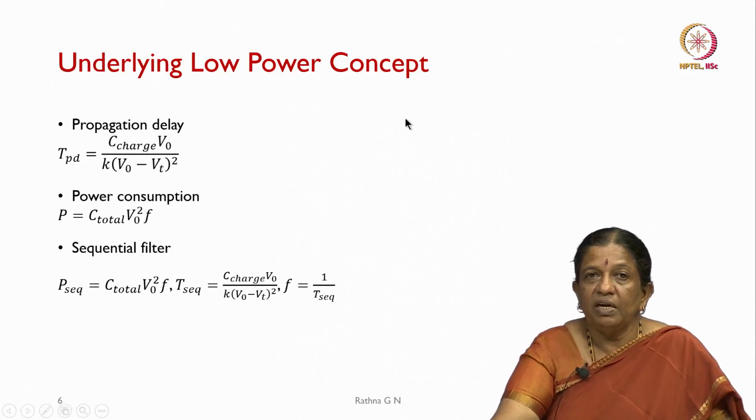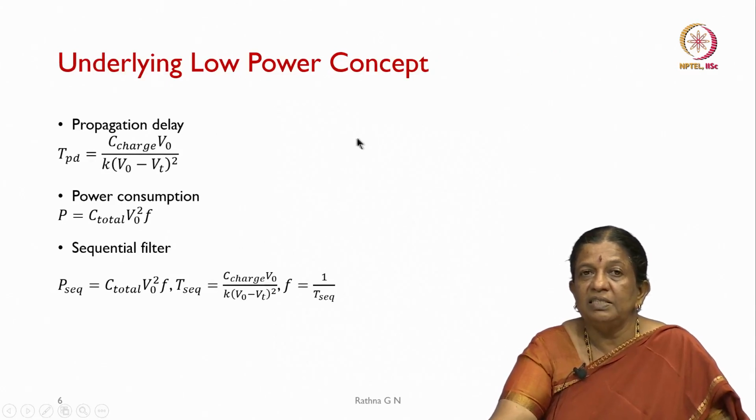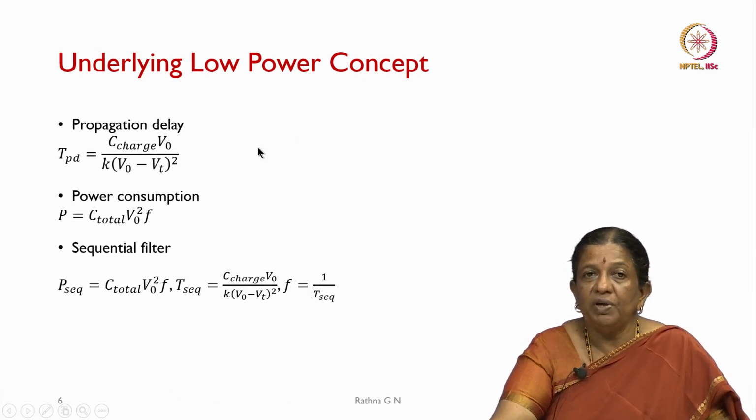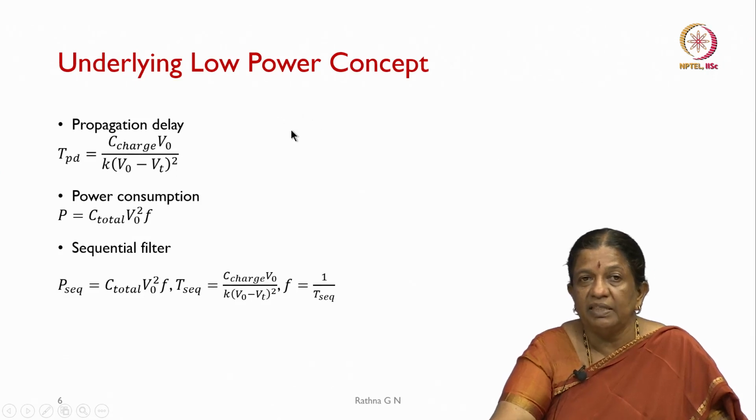We said I can increase the clock speed 6 times for both pipelining and parallelism, or operate at 1/6 of the clock rate, but how are we going to get low power? Initially we said this is the propagation delay equation.